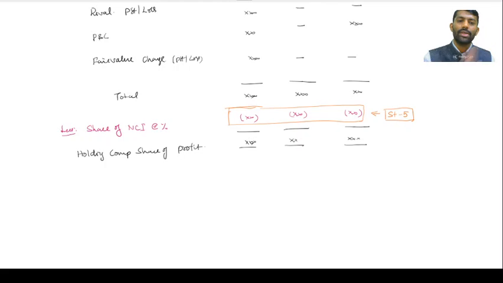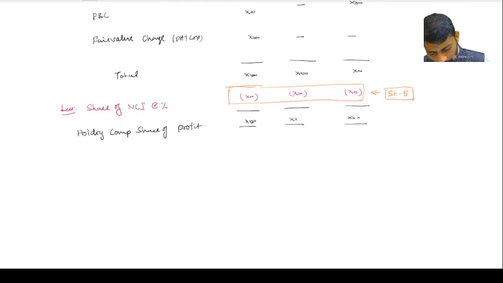For outsiders, that is non-controlling interest, the shareholders of subsidiary companies who are not the holding company, no pre-acquisition, no post-acquisition. For them, everything is profit. So that is non-controlling interest.